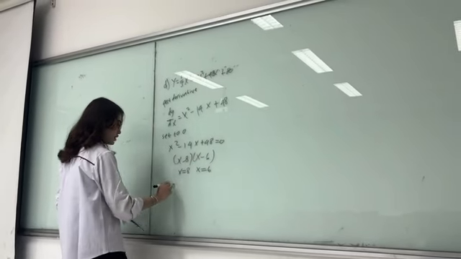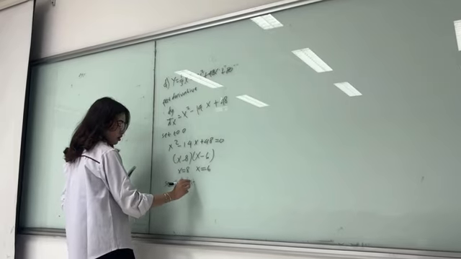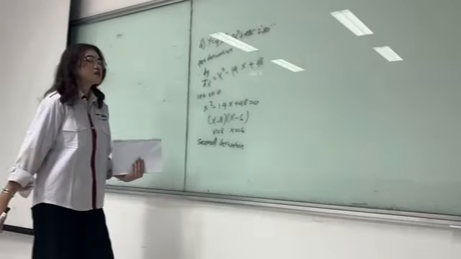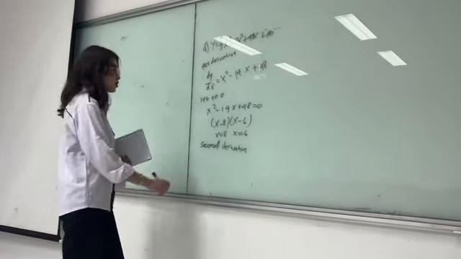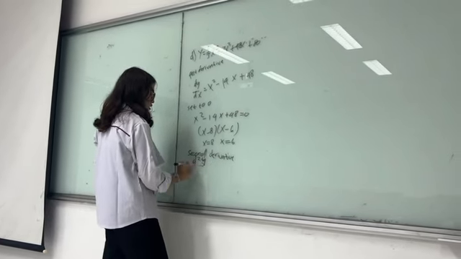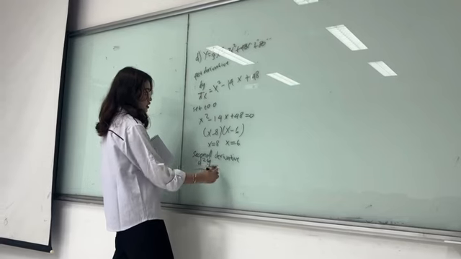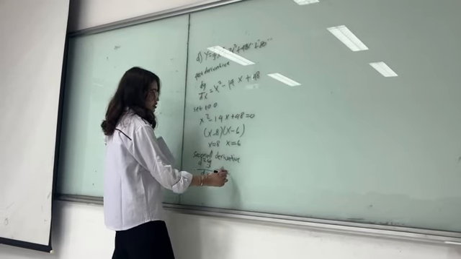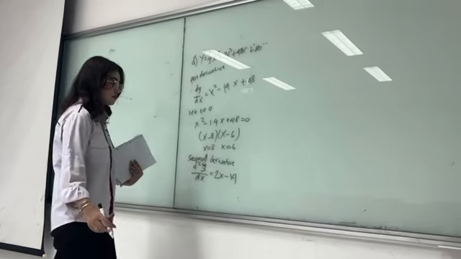And we have to find the second derivative, like the other question. So we have to find the second derivative, of course, and we got 2x minus 14.